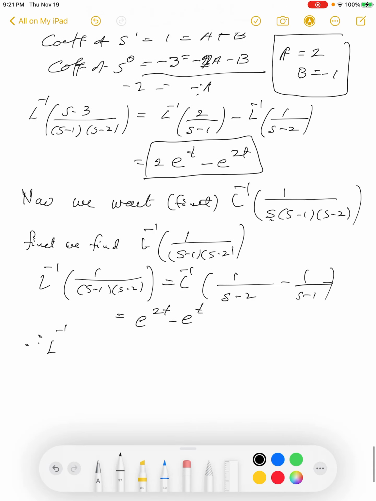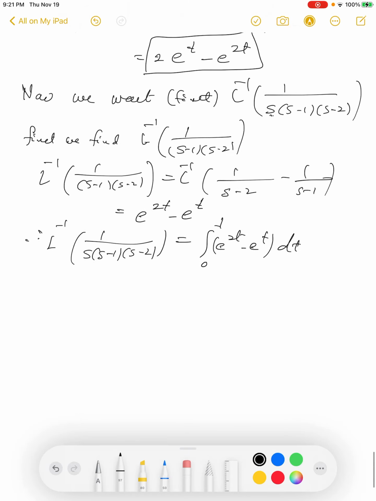Good. So therefore L inverse of 1 over s times s minus 1 times s minus 2 will be the integral of this thing, and this is because of our integration formula. Laplace transform of the integral of f is 1 over s times Laplace transform of f.